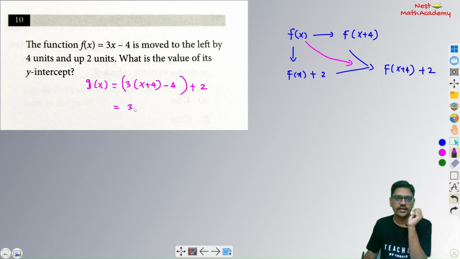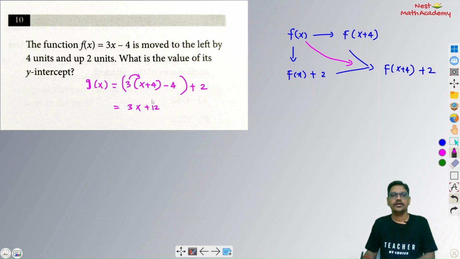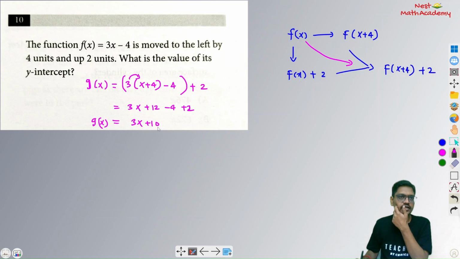Simplify this. 3x, distributive property, 3x plus 12, and this is minus 4 plus 2, combining like terms, 12 plus 2 is 14, minus 4 is 10. So 3x plus 10.